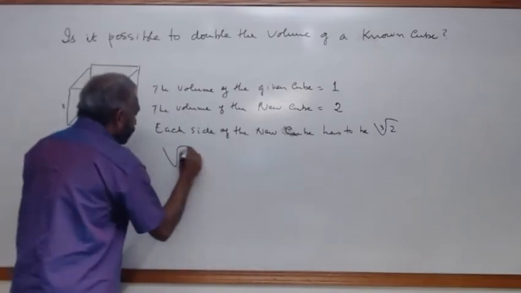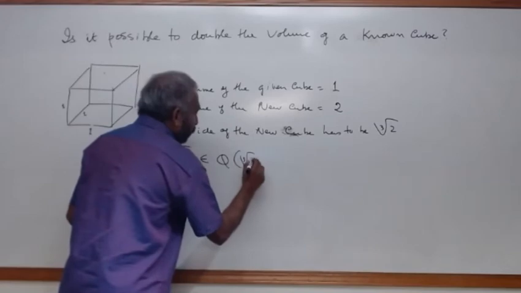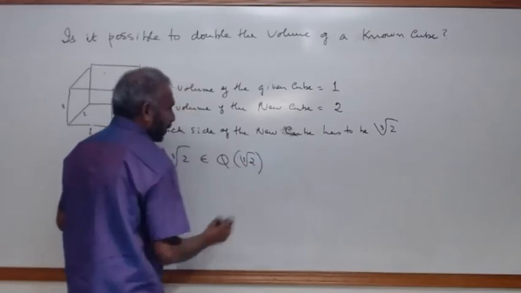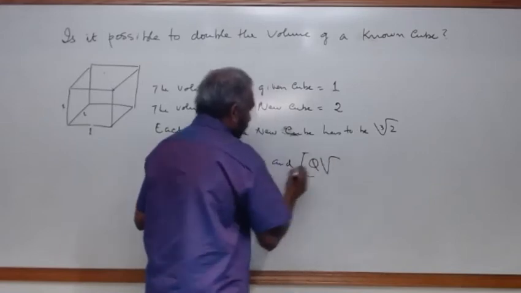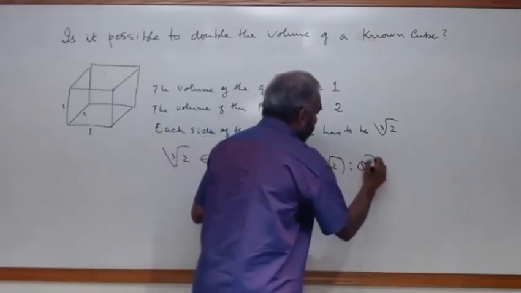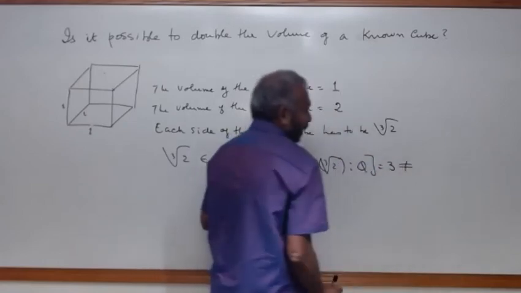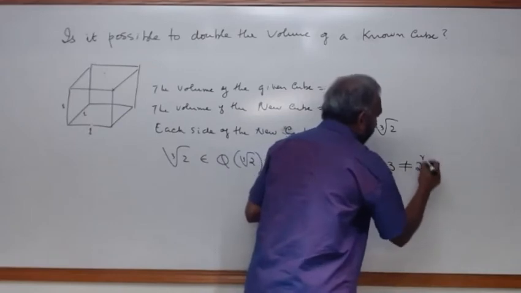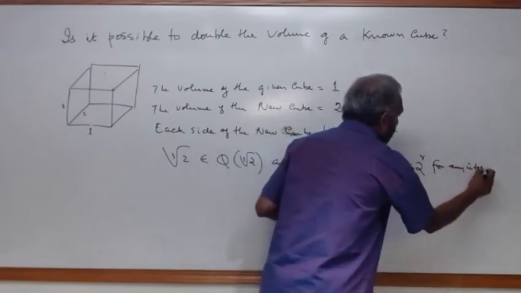But cube root of 2 belongs to Q of cube root of 2. And the degree of the simple extension Q(cube root of 2) over Q is equal to 3, which cannot be represented as 2 to the power of r for any integer r.